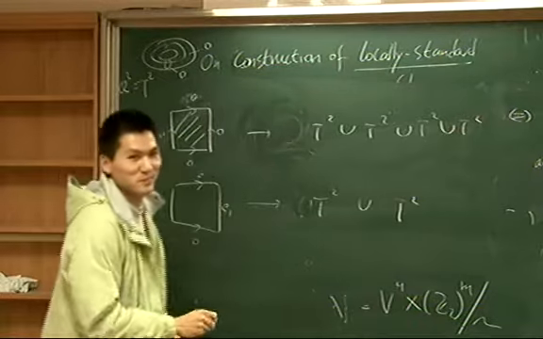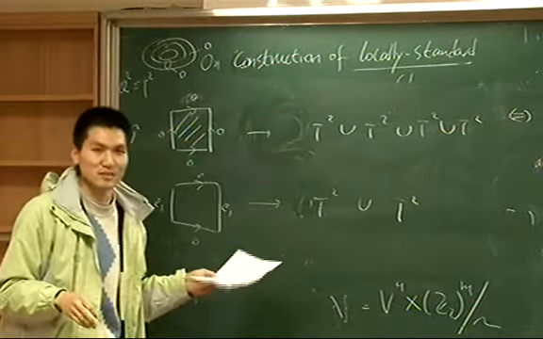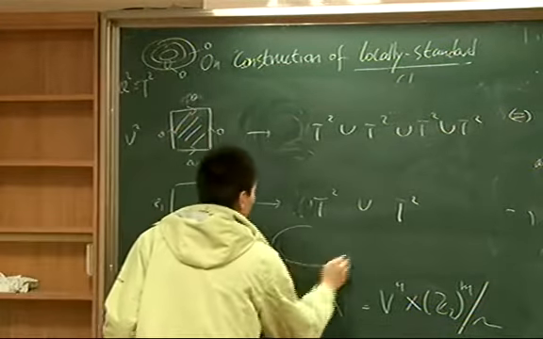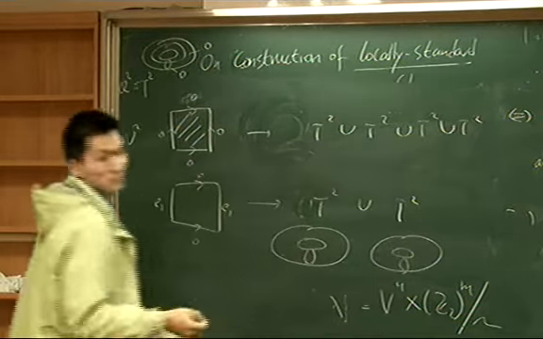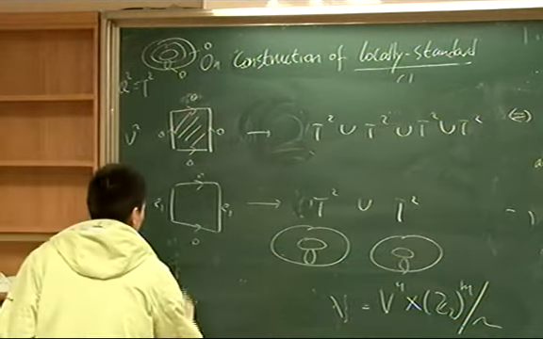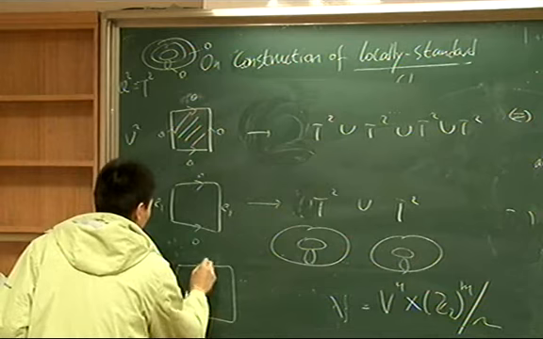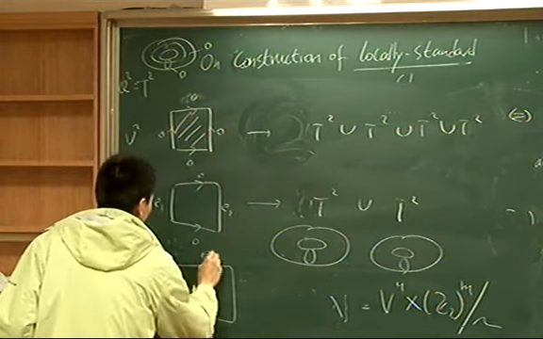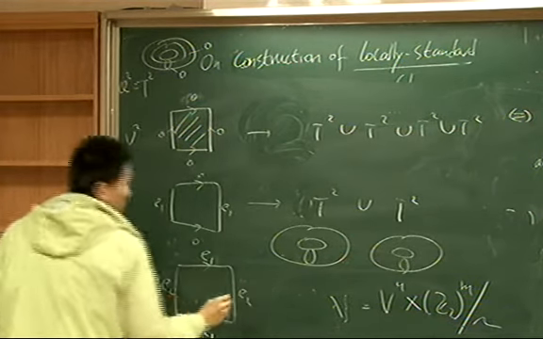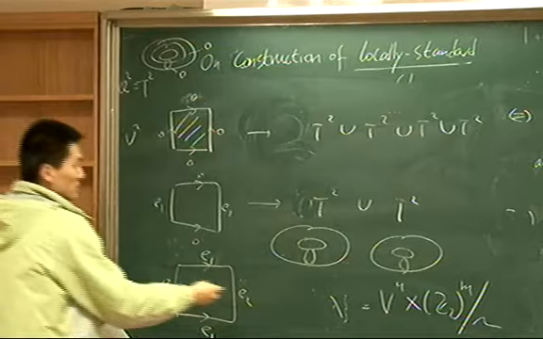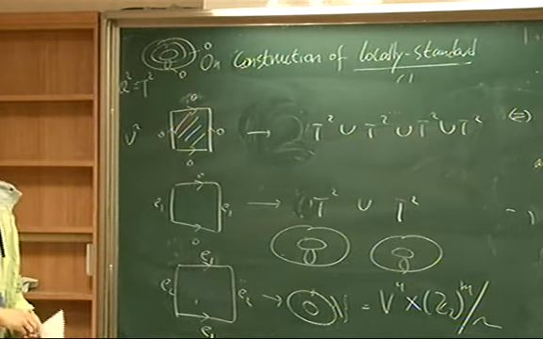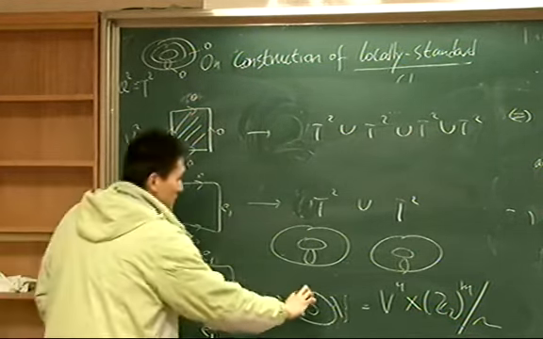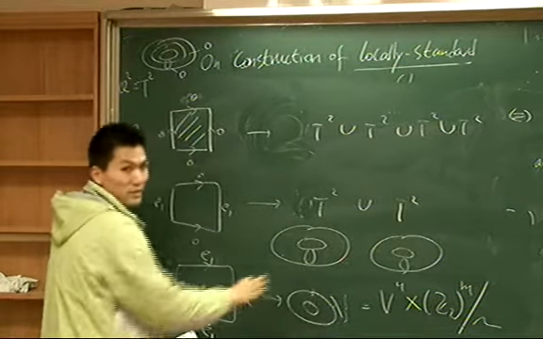Actually it's 2 T2, because T2 itself is a double covering of T2. And suppose this is E1, E1, E2, E2. Then this will give you one torus, because we have the double covering in this direction and this direction.